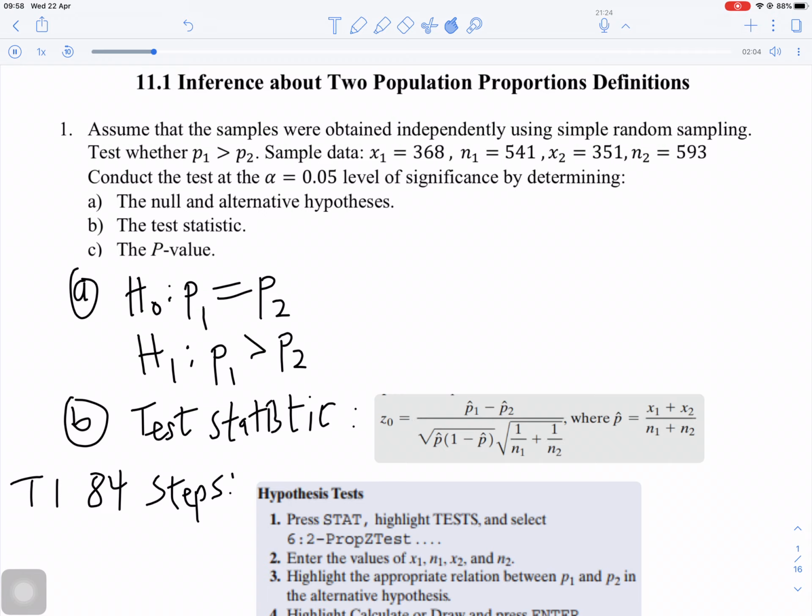Take for instance, we are sampling 100 students from CMU, and we want to know the proportion of students who own cars. We sample 100 students from CMU, and out of that sample, we determine the proportion of them that own cars. That will be our first sample.